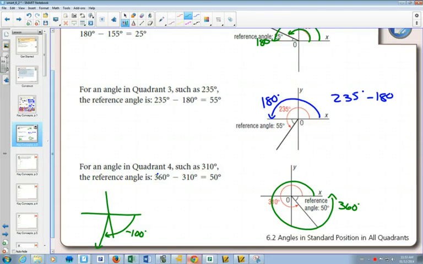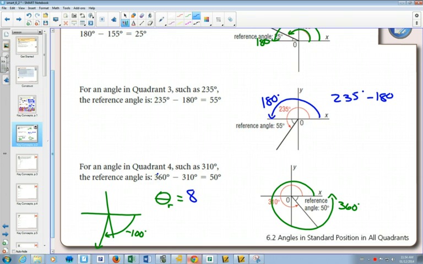Oh, and reference angles, we often write theta with a little r to say it's a reference angle. What would the reference angle be here? 80 degrees.